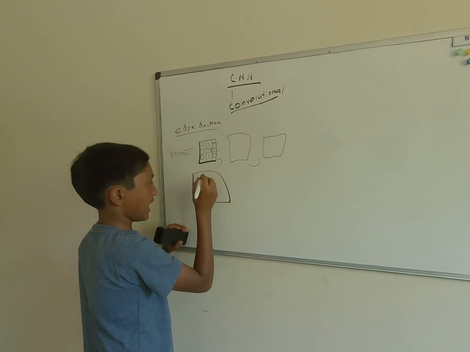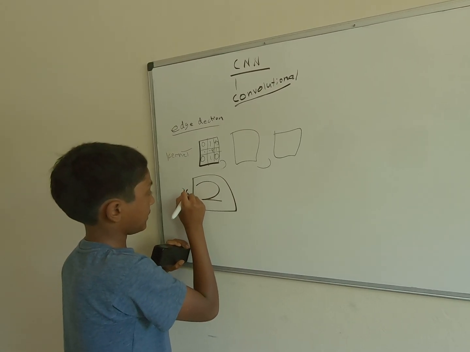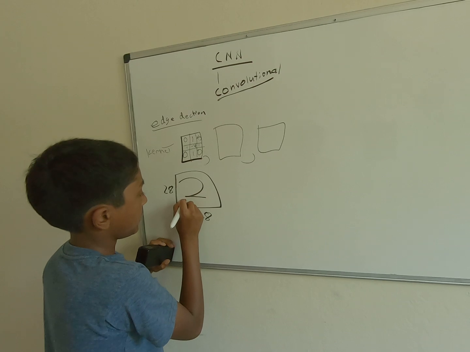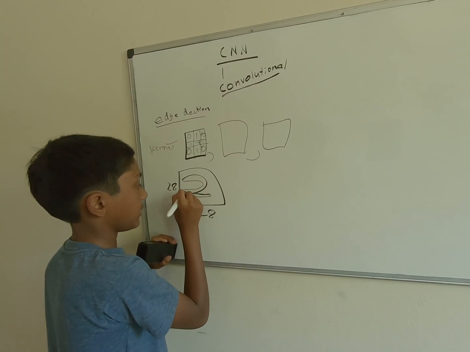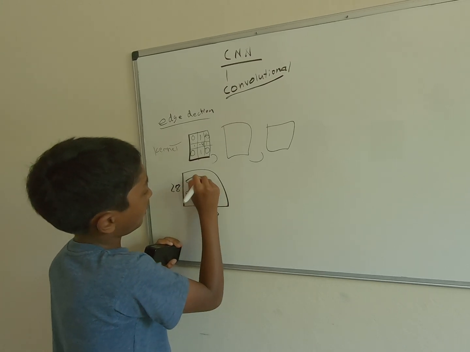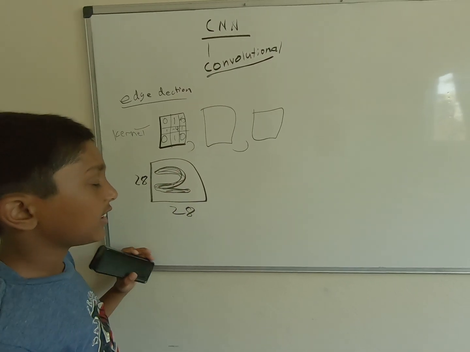So I have my kernel here, and I have my 28 by 28 matrix. It's not going to be this fine in your 28 by 28 matrix, so all of this is shaded in.